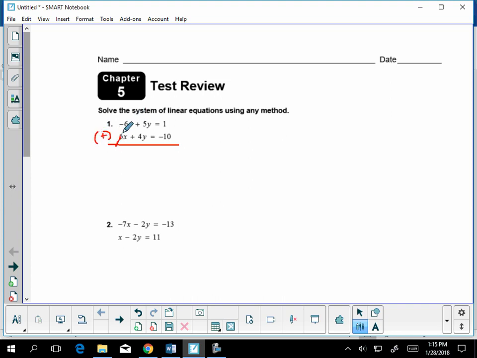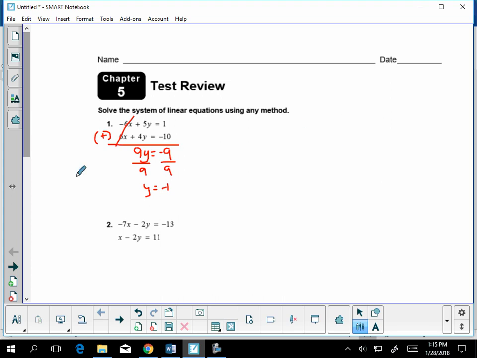And what happens, the 6 and negative 6 cancel. 5y plus 4y is 9y. 1 plus negative 10 is negative 9. Divide both sides by 9, and you get y equals negative 1.